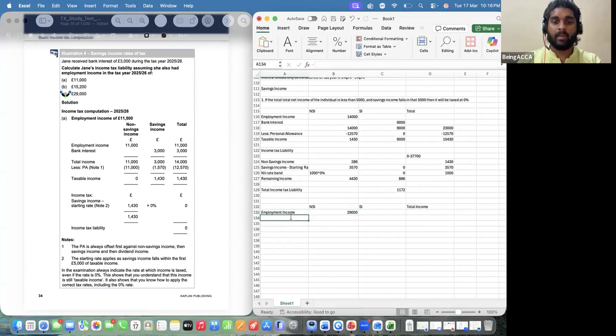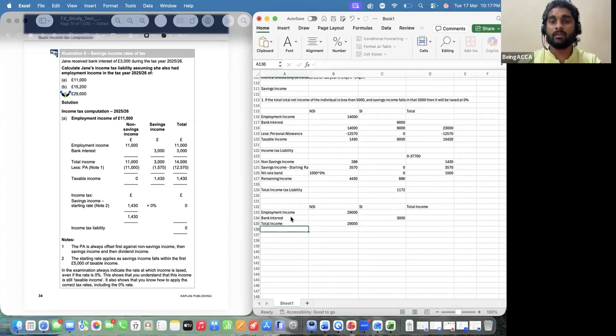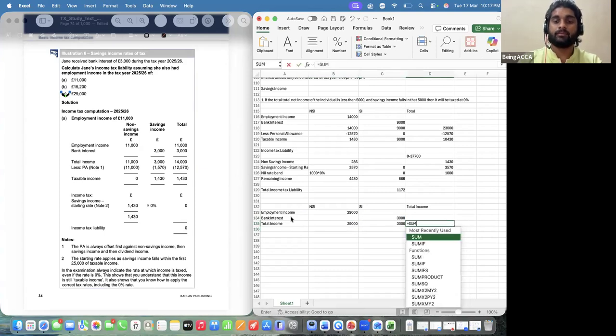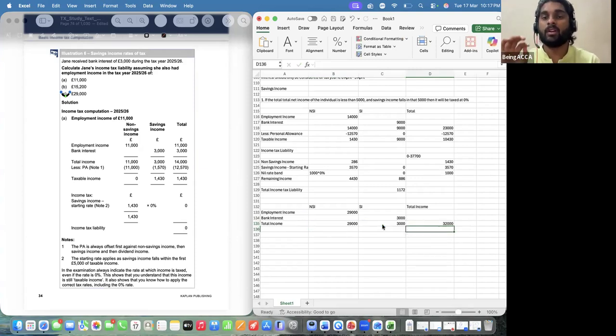Bank interest that she has received will be 3,000. Giving her total income equal to the sum of these both. Always ensure that your pro forma is followed.